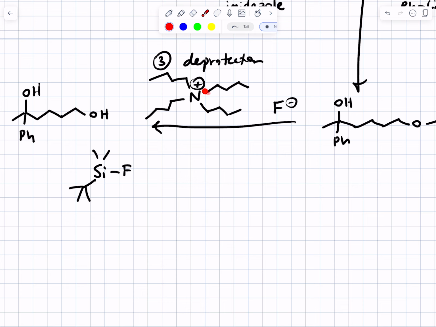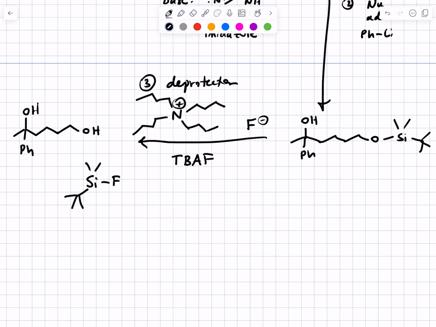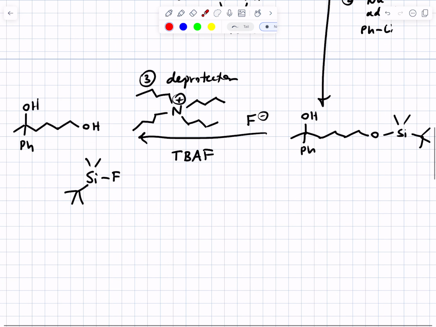The alkyl groups on the nitrogen help the fluorine be soluble. This reagent is called tetrabutyl ammonium fluoride, or TBAF for short, so it's alphabet soup today. But again, that is fast and easy removal of the silyl ether protecting group, and it's driven by the strength of the silicon fluoride bond.